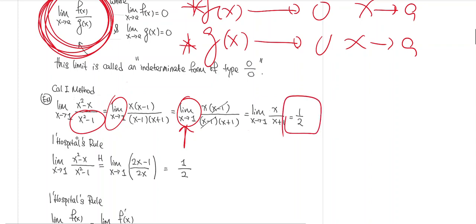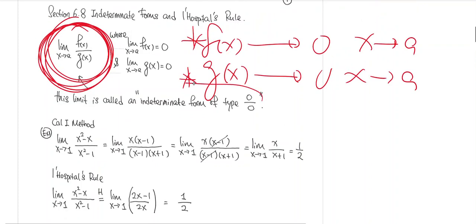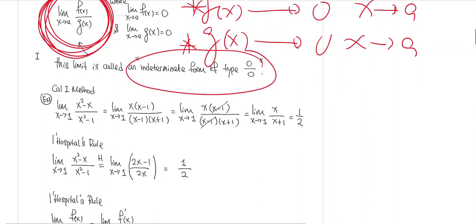Now, L'Hopital's rule says that you don't really have to do it this way. There's another alternative. If you have indeterminate form of the type 0 over 0, what you can do is take the derivative of this, the derivative of x squared minus x, which gives you 2x minus 1, and the derivative of x, which is 1. Then L'Hopital's rule says that after you take the derivative, you try to figure out whether you can evaluate this limit.